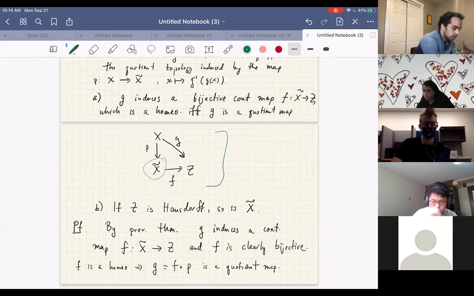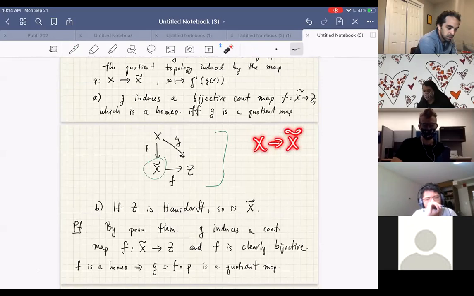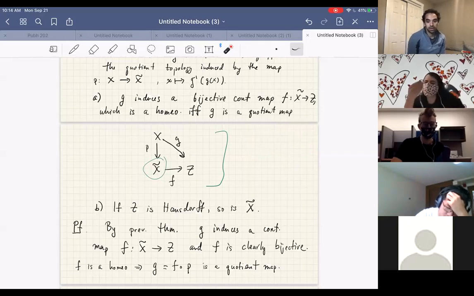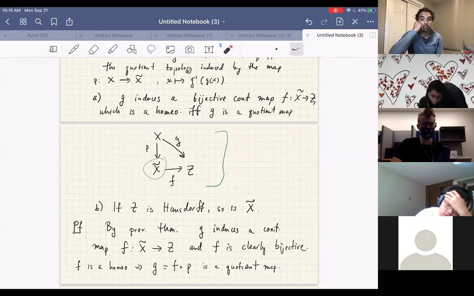But in general, if X is Hausdorff and I put the quotient topology on some set, that will not be Hausdorff. So many of these things don't pass to the quotient space, and products as well. The quotient topology is not quite compatible with products. You can make precise what this means. So yeah, many of these things fail in the quotient topology.